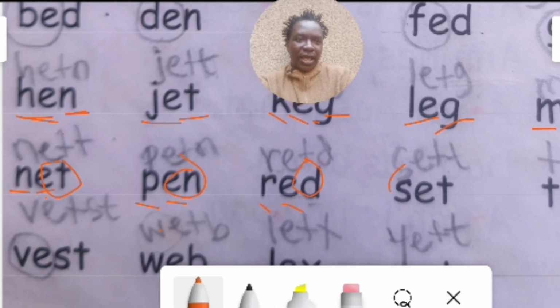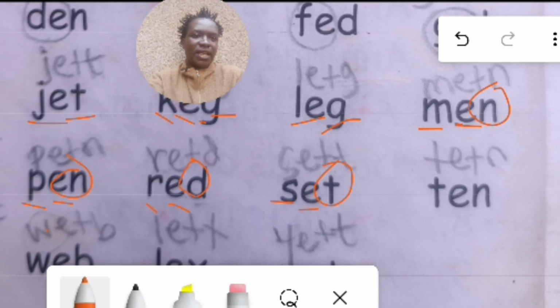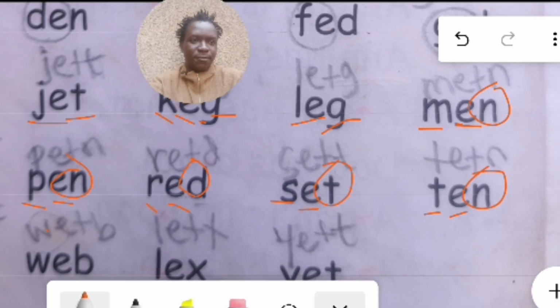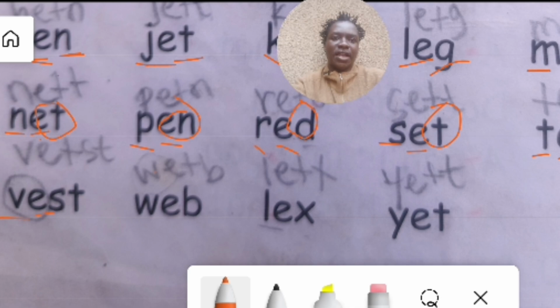And S, okay, S plus A, that is se, and if you add this T, it becomes set. And then T plus A, that is te, then plus this N, that is ten. Let us see this V plus A, that is ve. With S, it becomes vest.